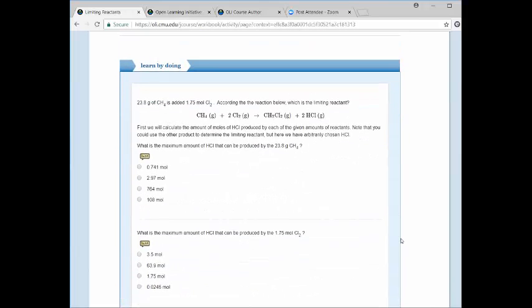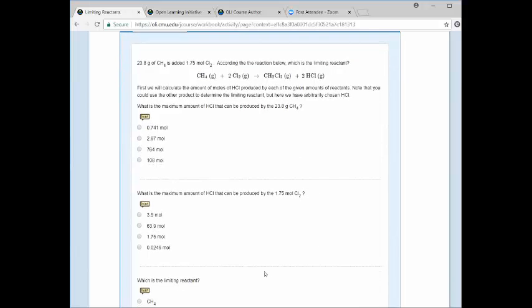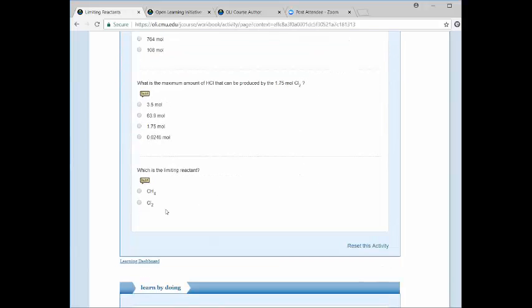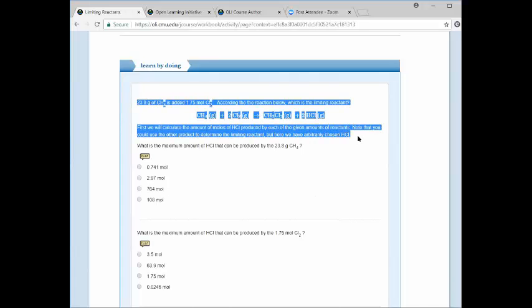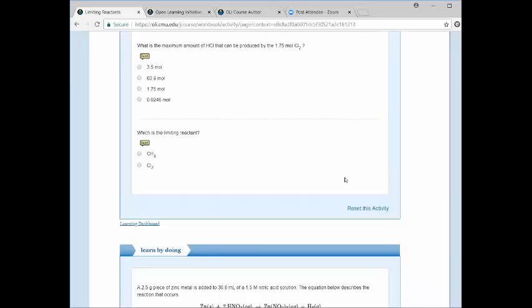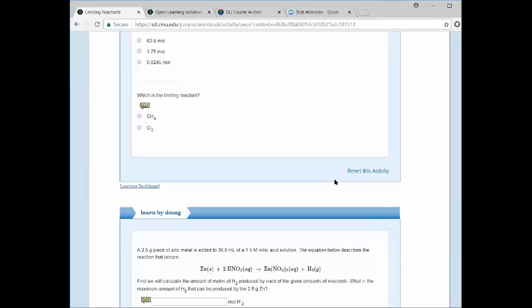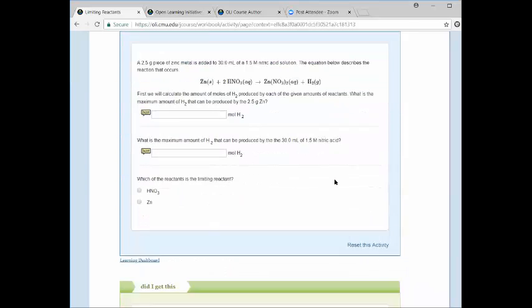For this particular Learn by Doing activity is a series of questions to get to what is the limiting reactant. So this part is the main part of the problem, as opposed to just, get the answer. Let's break this down into steps and then identify the limiting reactant.